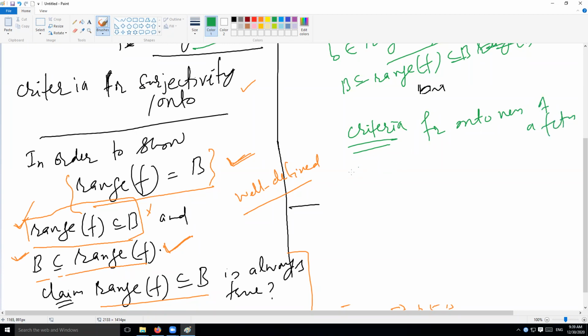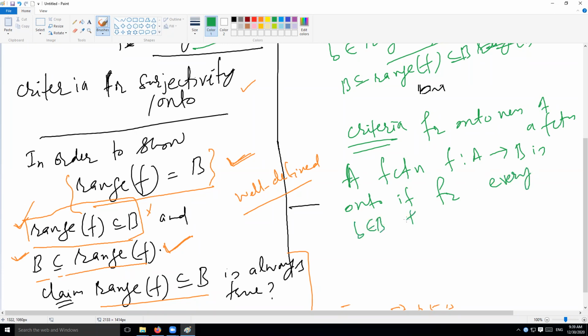Okay, so a function f from A to B is onto if for every b in B there is a in A such that b is equal to f of a.